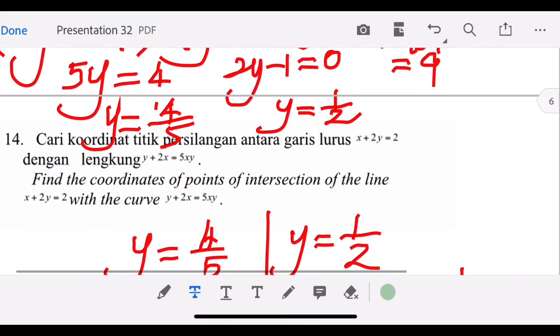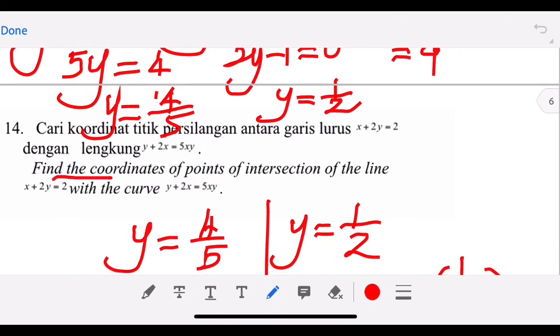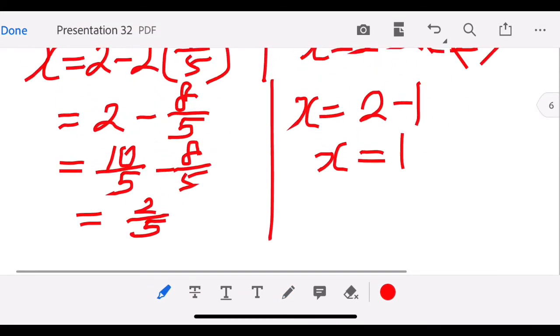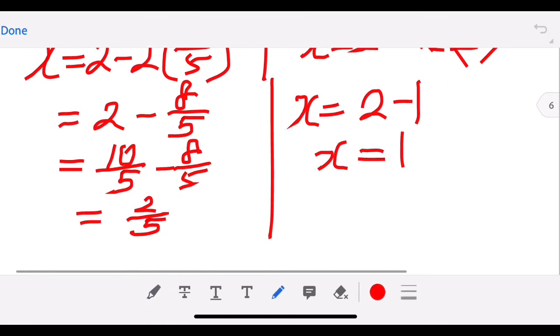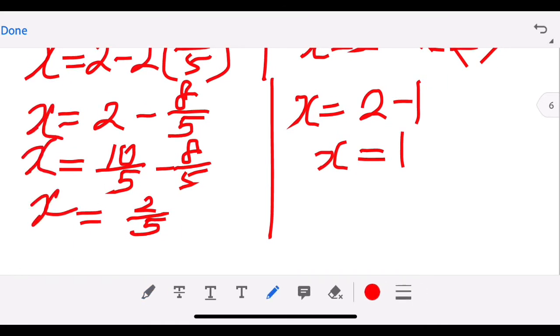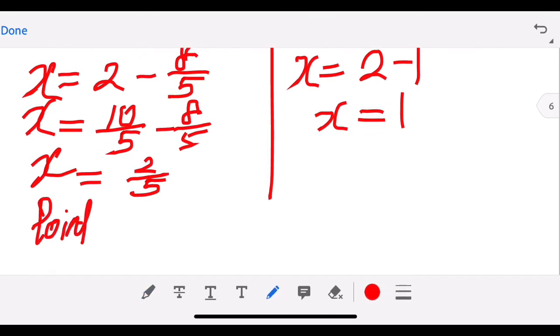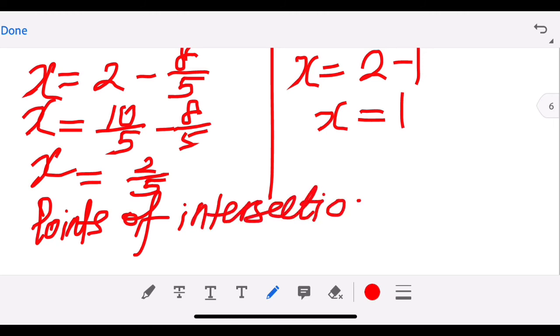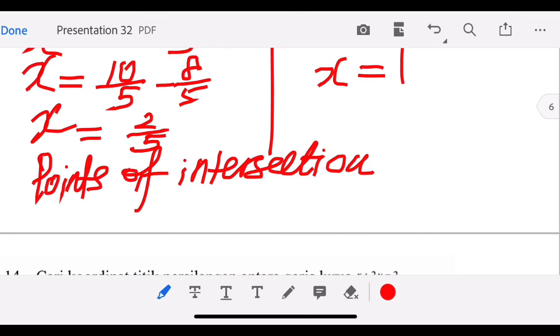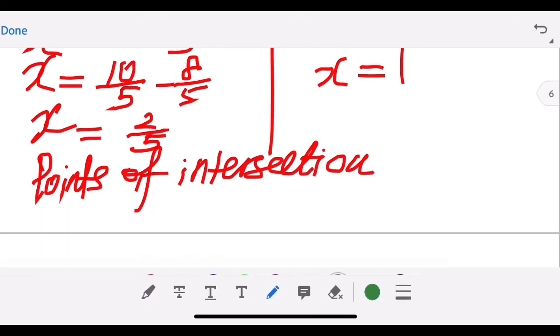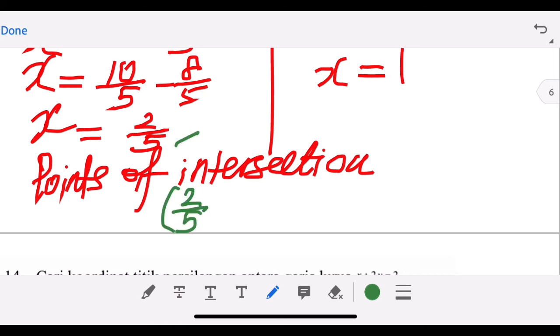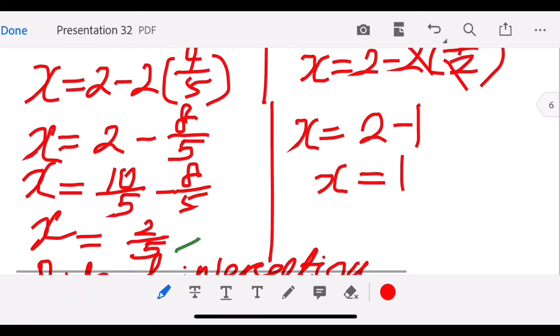So please look at this. The question is asking for coordinates of points. If you never write your answer in point form, what will happen? They will deduct your working marks. So you must write points of intersection are, there are 2 points, as I mentioned earlier. One is when x is 2 over 5, and the y will be 4 over 5.